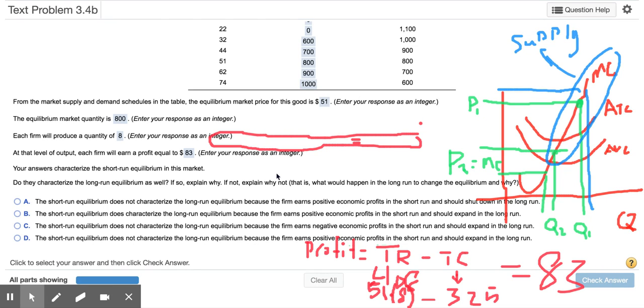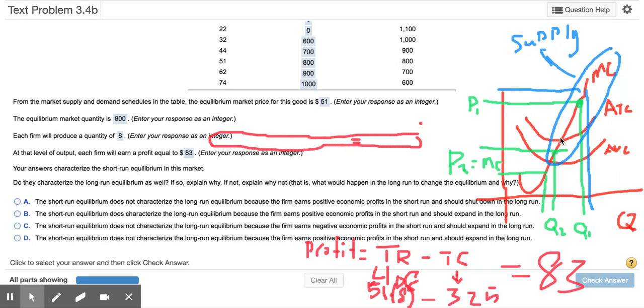Okay, to answer that question, we'll check whether the price is above the minimum average total cost, right? If the price is above average total cost, profit will be positive, but it will not be sustainable. It will go down because of free competition.